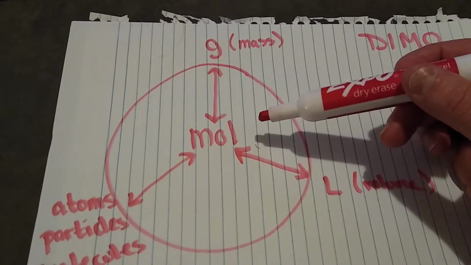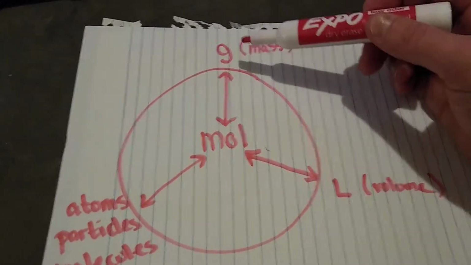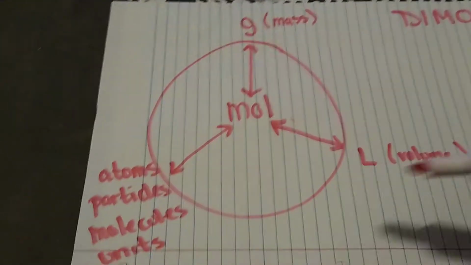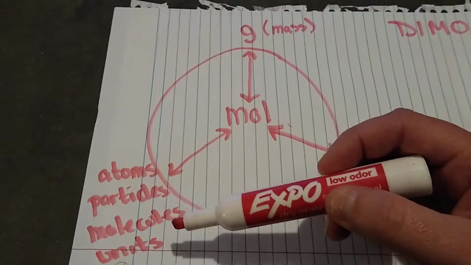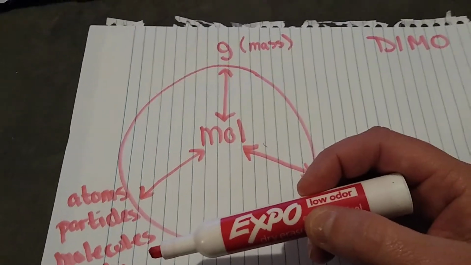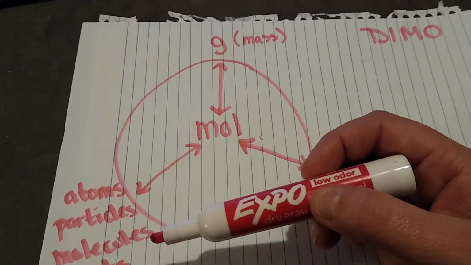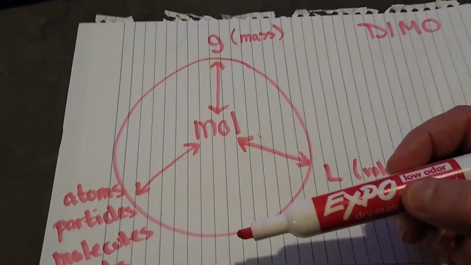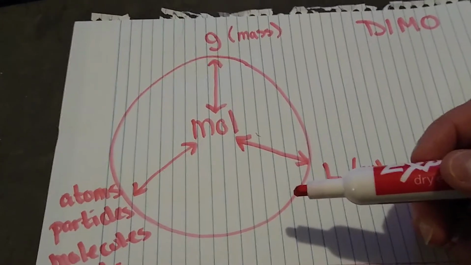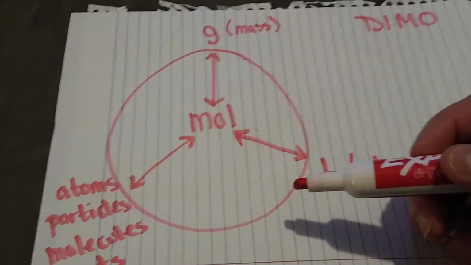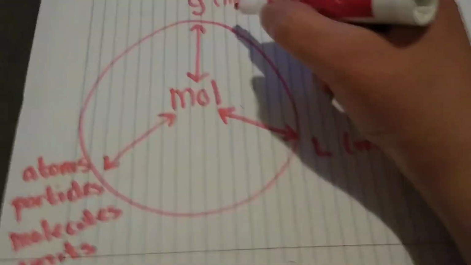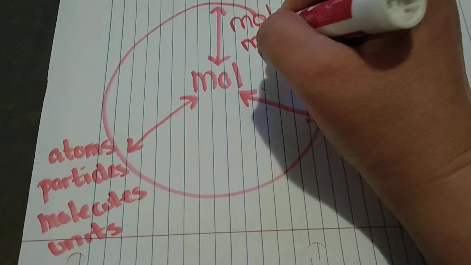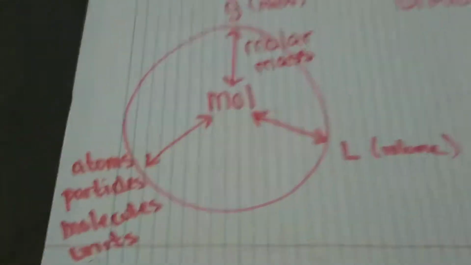But anyway, so we have moles in the center, okay, because that's our go-between for all of the different things in chemistry. Okay, we have grams, which refers to mass, and we have liters, which is volume, and then we have atoms, particles, molecules, or units. Okay, so there are certain things we call conversion factors to get from one thing to the other. So when we're dealing with grams and we want to convert between grams and moles, we use what's called the molar mass, which you should have done yesterday.